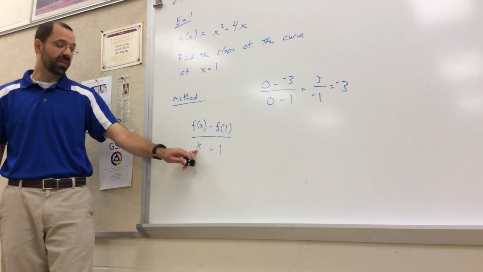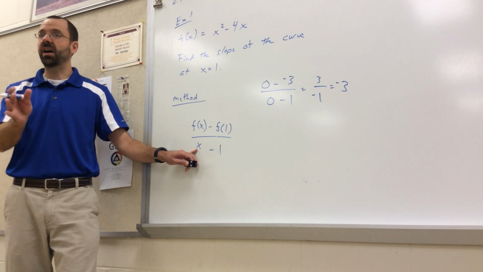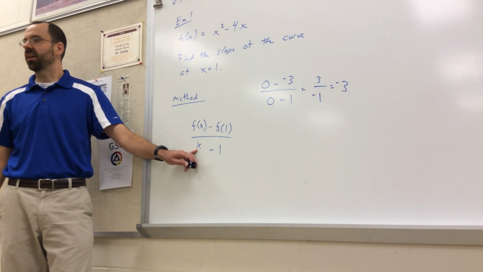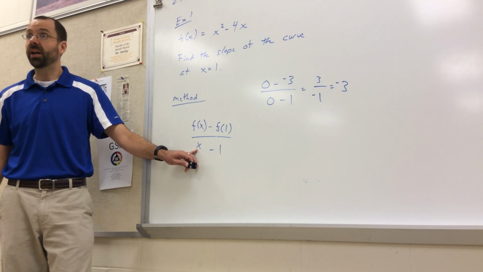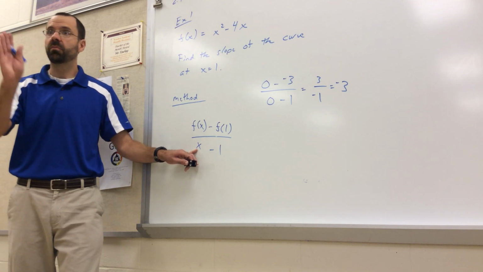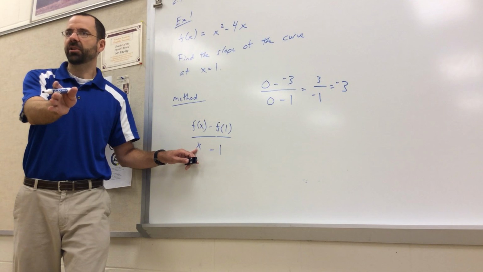What did I do with this other x? I went 0, a half, 0.9. What's another way to say that? I picked x's that were getting closer to 1. 0, a half, 0.9, and then I suggested 0.99, but I didn't want to bother with that one.